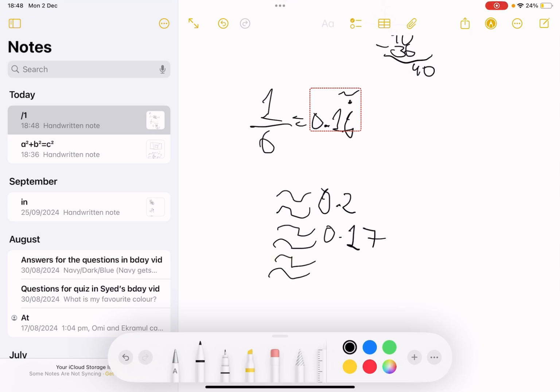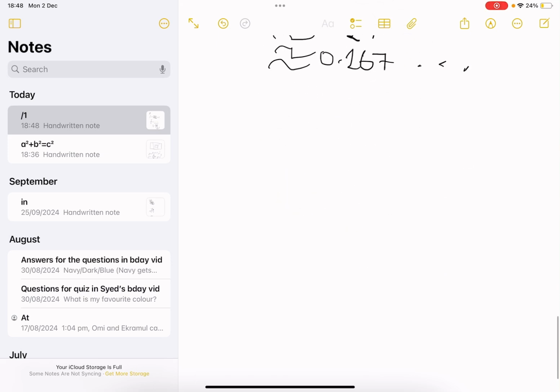Or if you round it another way, you can get 0.167, and so on. Does that make sense? So that's why.